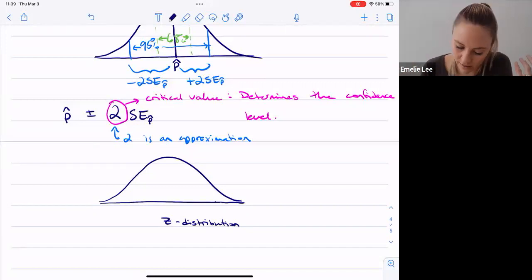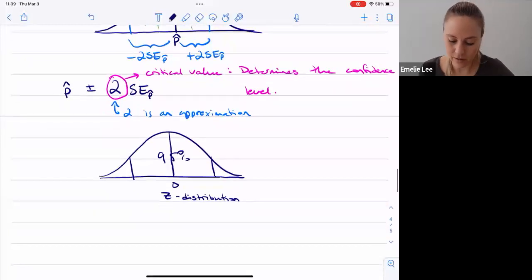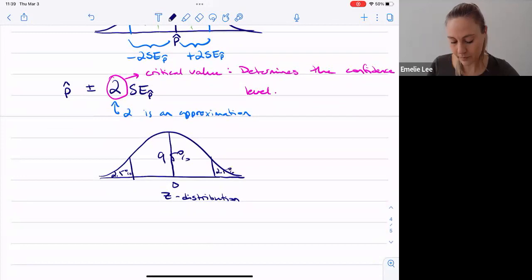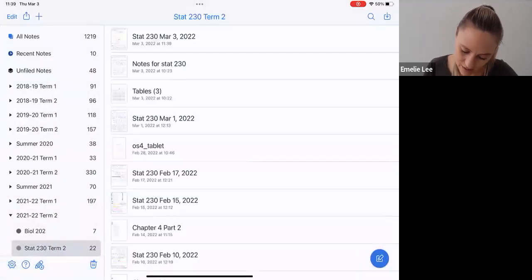If I'm centered on 0 and I want to capture the central 95%, the easiest way to do it is to have 5% left over in the tails. And so I have 2.5% and 2.5%. So I can find the Z from my table.